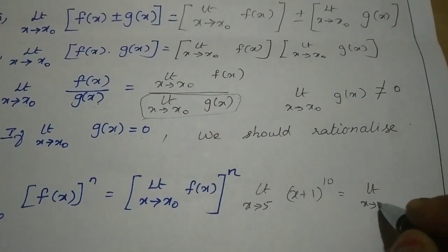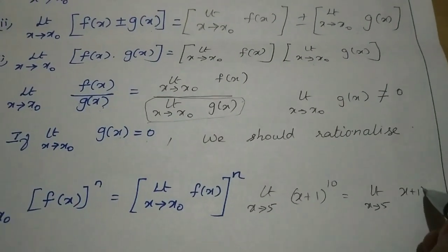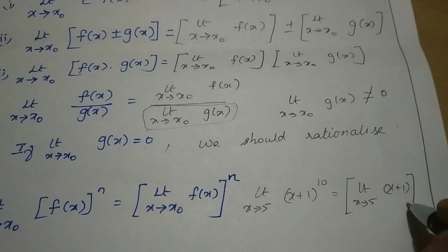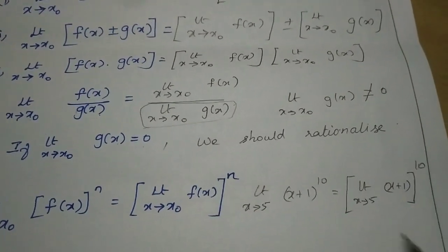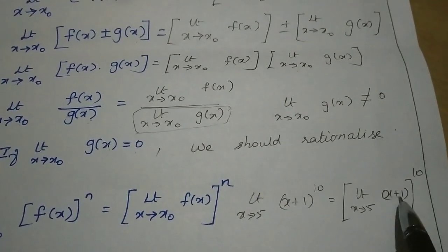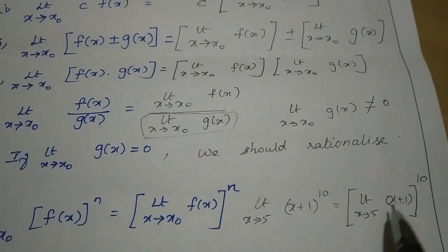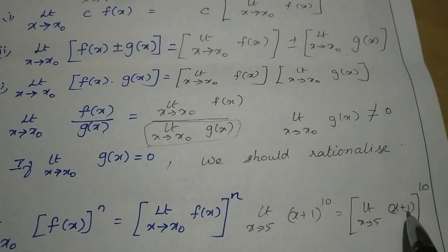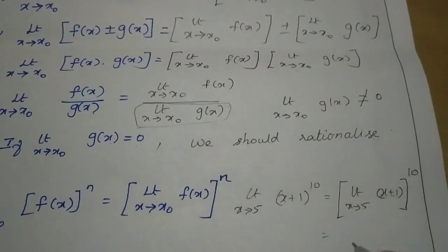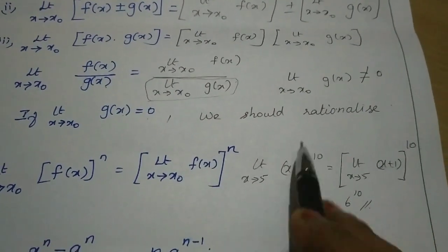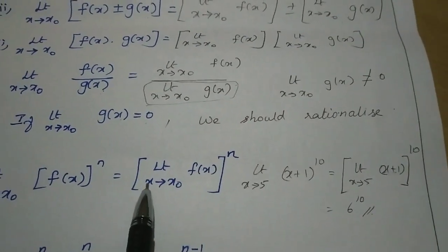Limit x tends to 5 of x plus 1, the whole power 10. As you see, this is a polynomial, so we will substitute the 5 in place of x. So 5 plus 1 is 6. We will write 6 power 10. So in this way you can solve the problem using this theorem statement.